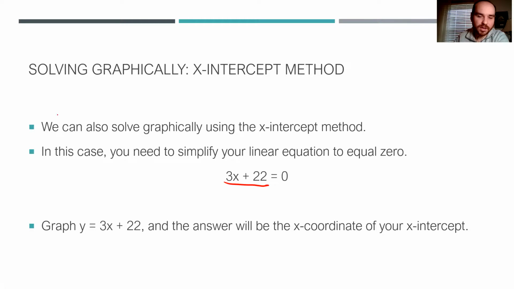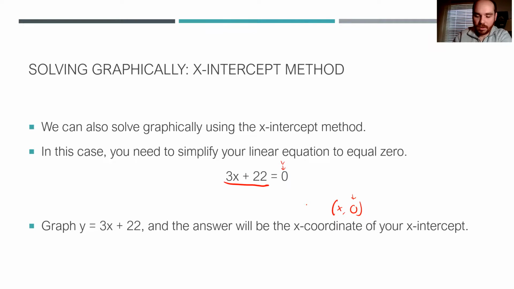And then whatever the x-coordinate of your x-intercept is, so remember the x-intercept is when you have (x, 0), y equals 0, that's going to be the answer to this equation here. This will give us our x. In this case, that's like, what, negative 7 1/3, I think.